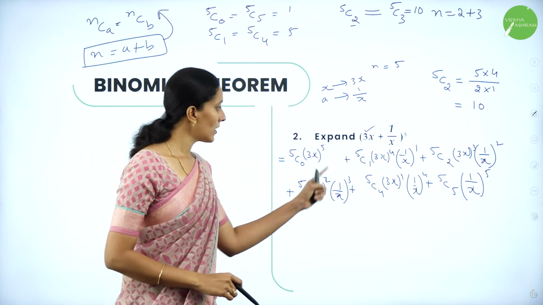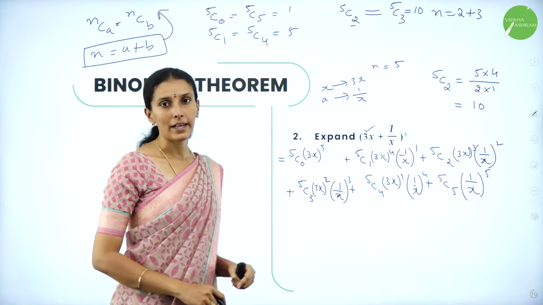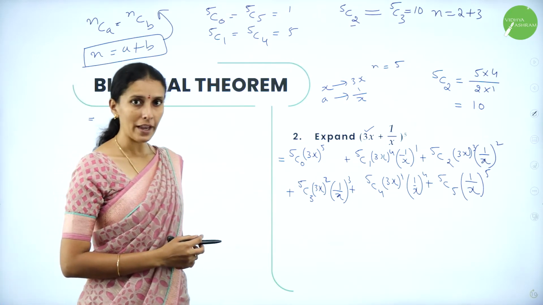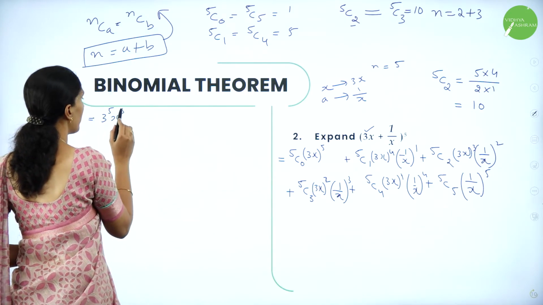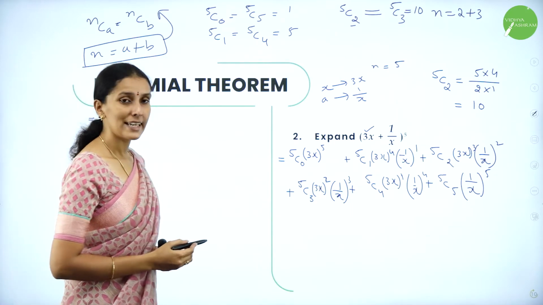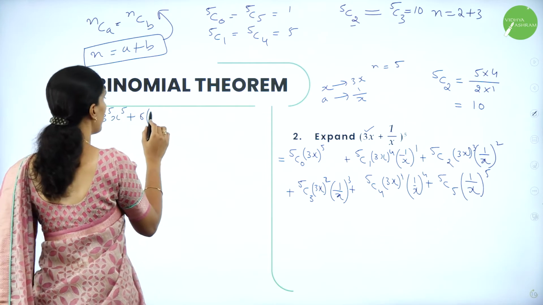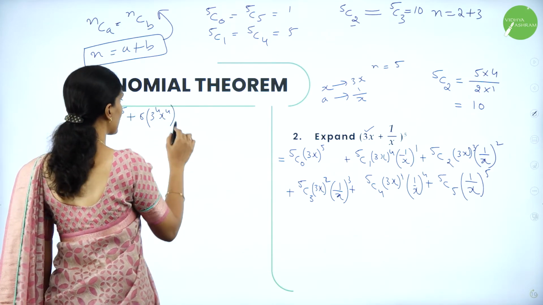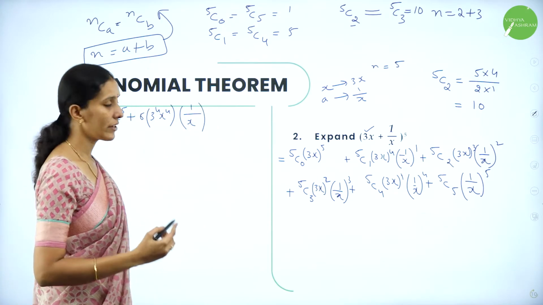Now just replace the coefficients, multiply the powers and multiply the variables. So what will I get here? 5C0 is 1, no need to write. So this is 3 power 5, x power 5, plus 5C1 is 5, and here it is 3 power 4, x power 4, and 1/x can be written as 1/x only since its power is 1.